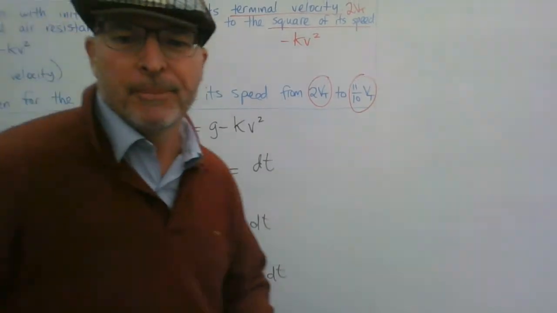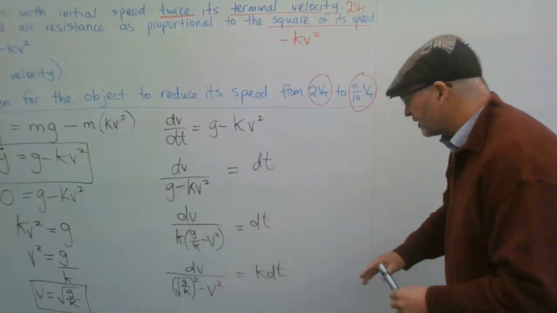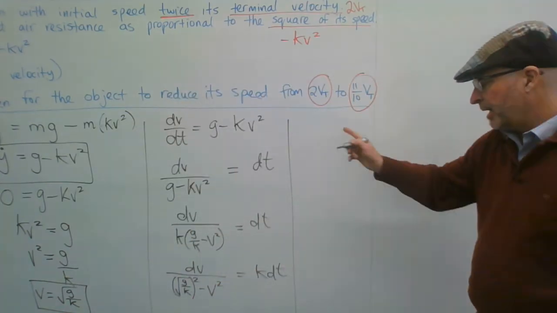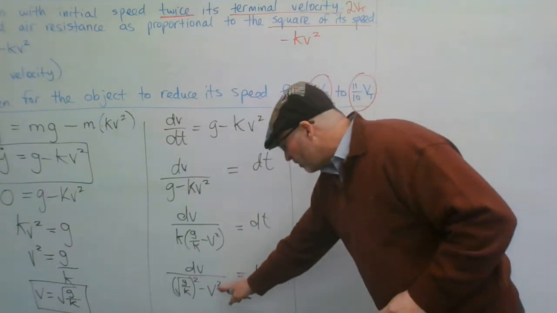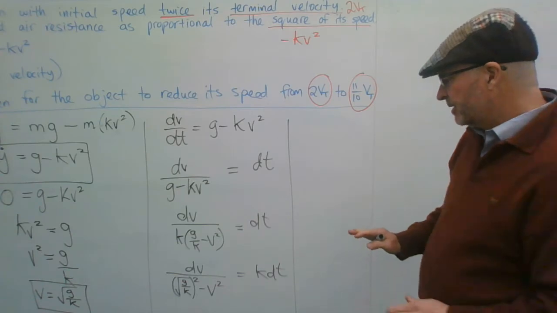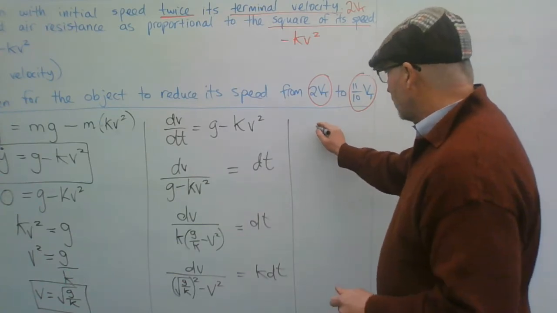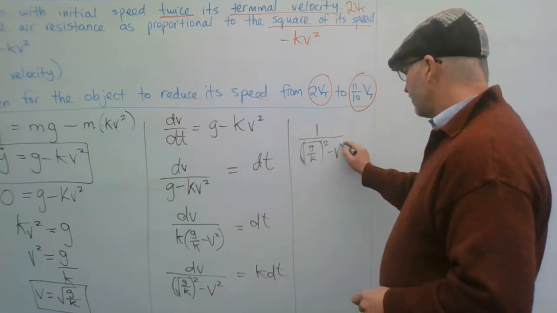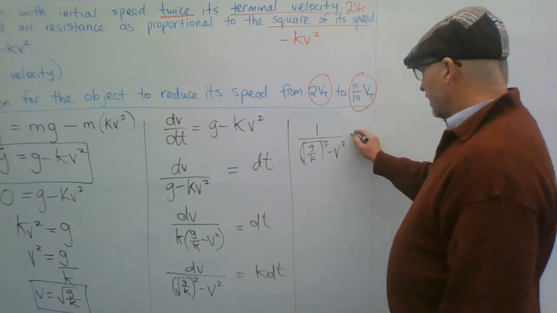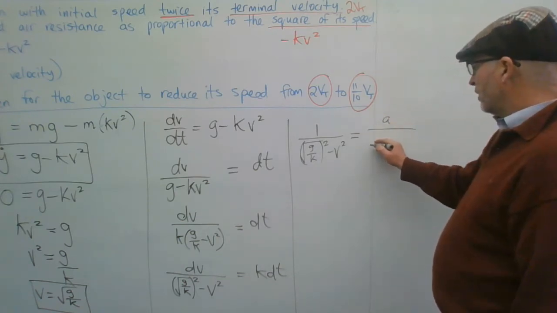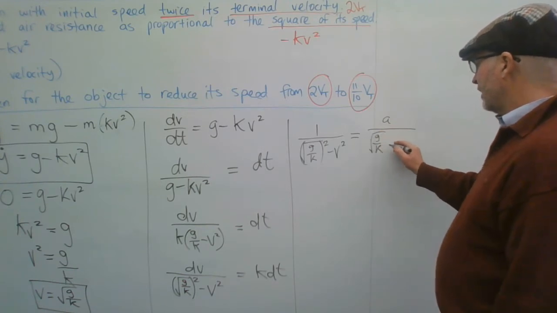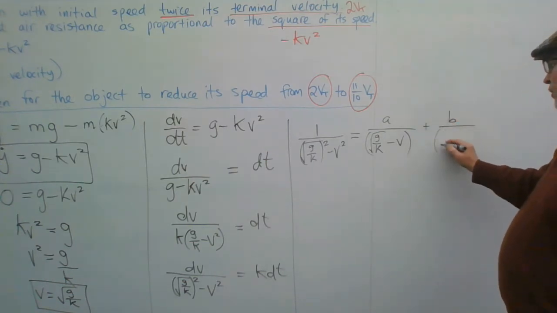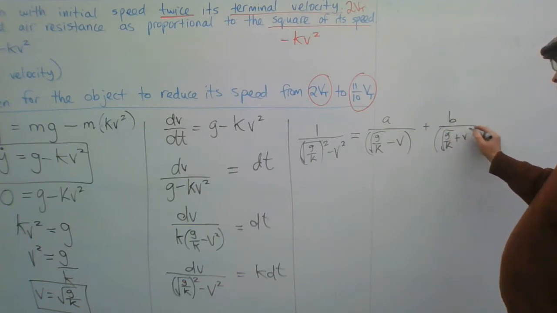Move along a little bit here, and I'll work in this little section here. So going from here up to here, what I'm going to try and do now is express this as partial fractions. So I'm saying that 1 on root g on k squared minus v squared is equal to a on root g on k minus v plus b on root g on k plus v.